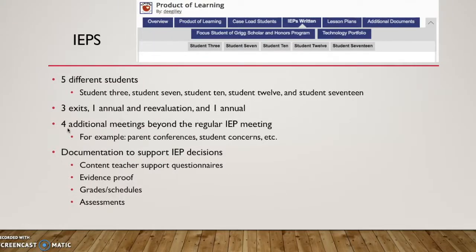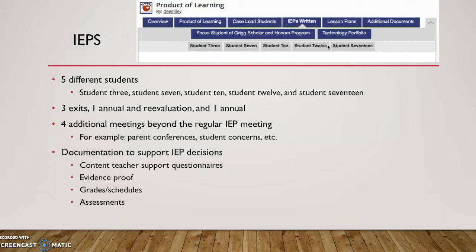To start off, the IEPs: on my Product of Learning, you will find a specific section titled IEPs Written. This is where I've listed the 5 students that I worked with. The specific students whose IEPs I had my hands on included Student 3, Student 7, Student 10, Student 12, and Student 17. They included 3 exits, 1 annual and reevaluation, and 1 annual.